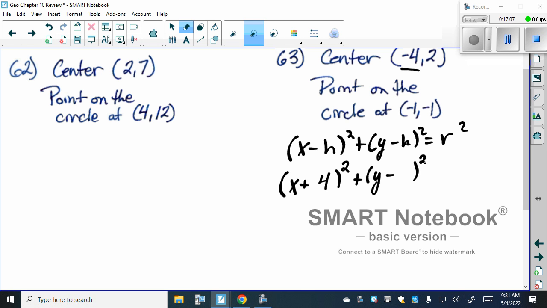And the y value is, I think it's just 2, negative 2, y minus 2. And they gave us the radius, which is, they didn't give us the radius, did they? No. So what we're going to need to do at this point, since they did give us a point on the circle, because the radius is the distance from the center to a point on the circle, we can use the distance formula.